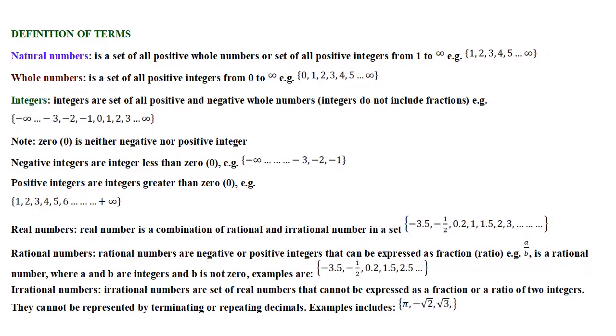Now we have what we call natural numbers. A natural number is a set of positive whole numbers, or the set of all positive integers greater than 0. So natural numbers start from 1. Examples are 1, 2, 3, 4.